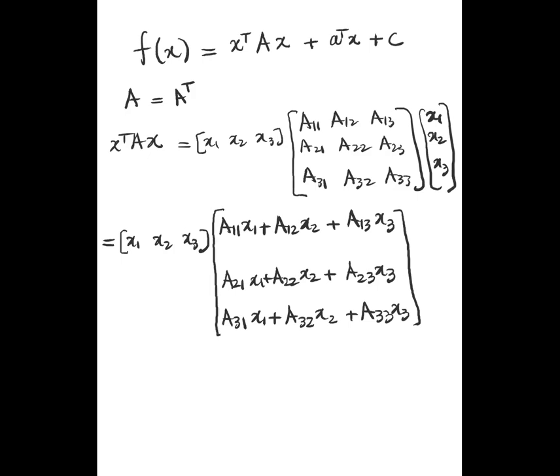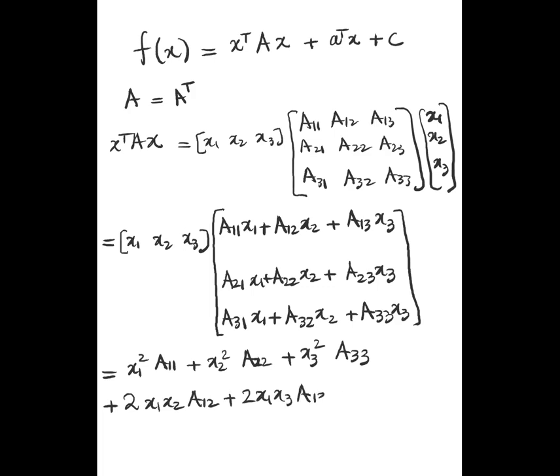Okay, and then if you do this multiplication, you can show that this is x1 squared a11 plus x2 squared a22 plus x3 squared a33 plus 2 x1 x2 a12 plus 2 x1 x3 a13 plus 2 x2 x3 a23.